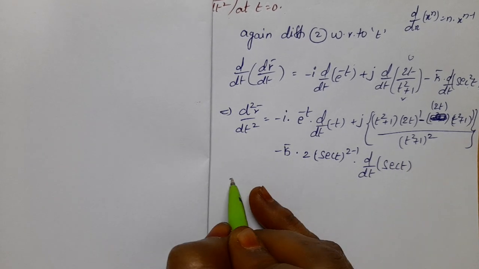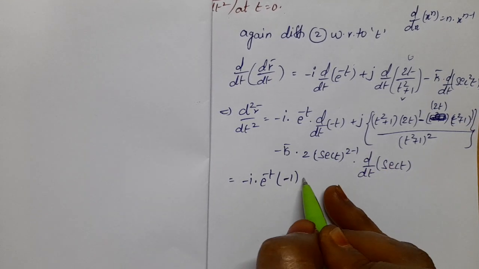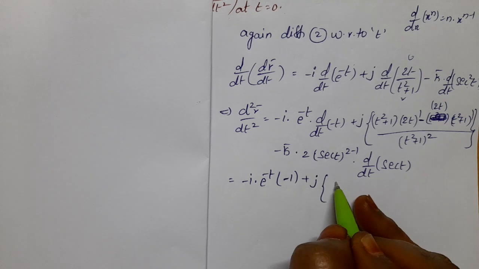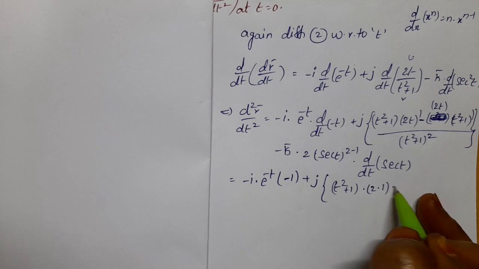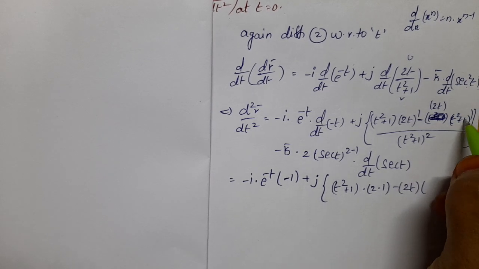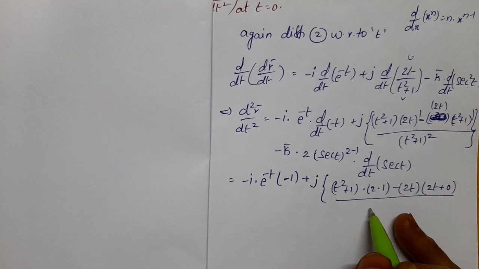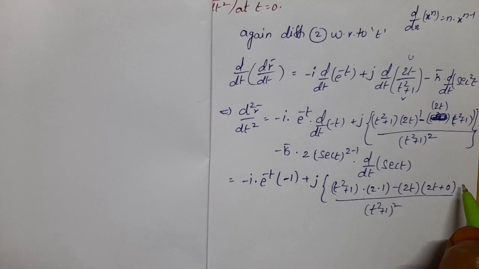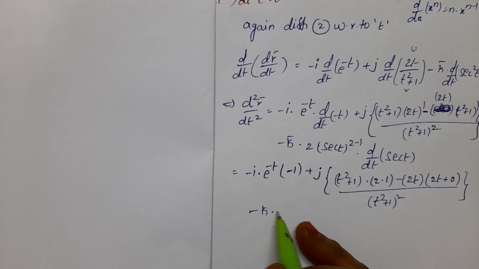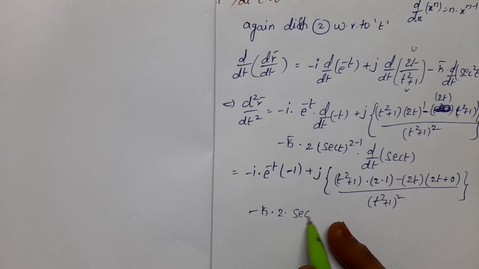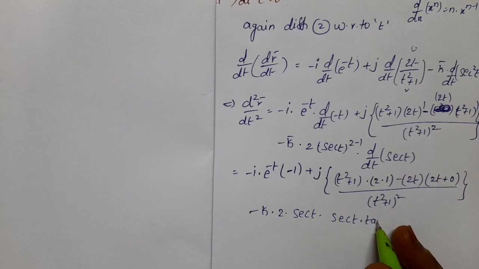Minus i e power minus t, the derivative of minus t is minus 1, plus j over t square plus 1. The derivative of 2t is 2 into the derivative of t, 1, minus 2t times the derivative of t square, 2t, plus the derivative of 1, 0, by t square plus 1 whole square. Minus k into 2 into secant t, the derivative of secant t, into tan t.